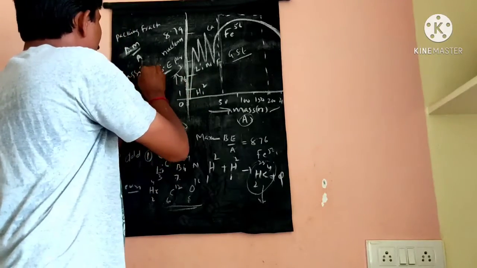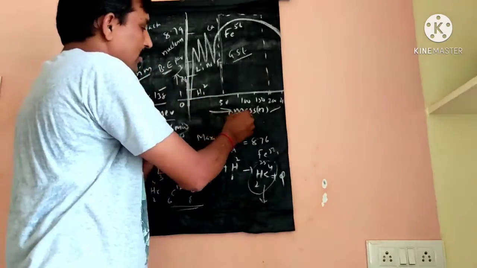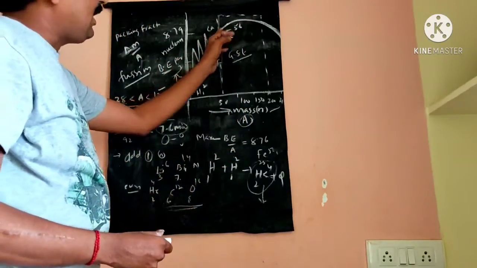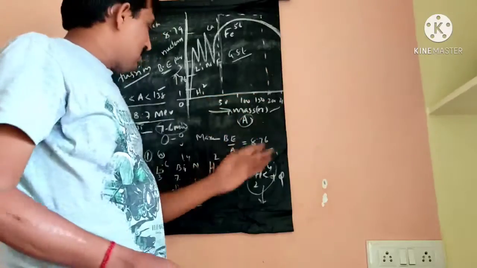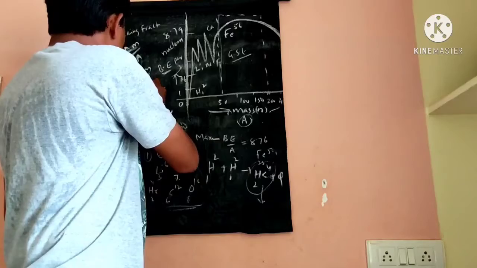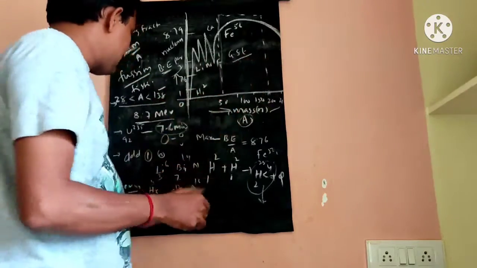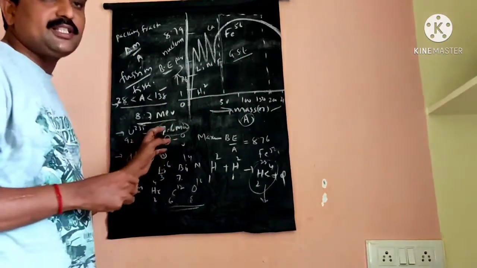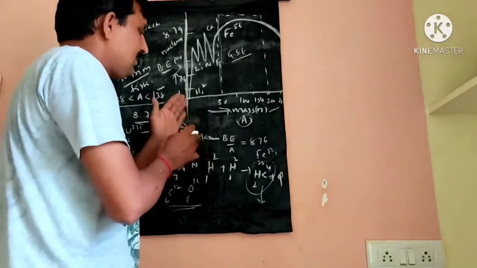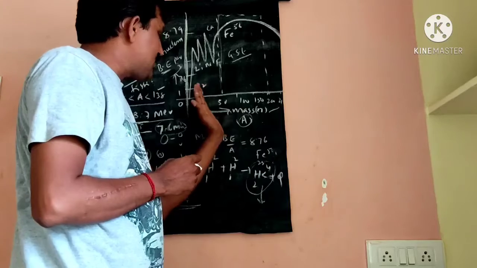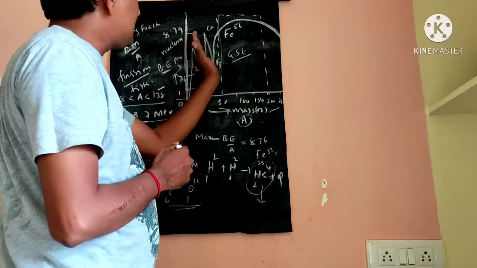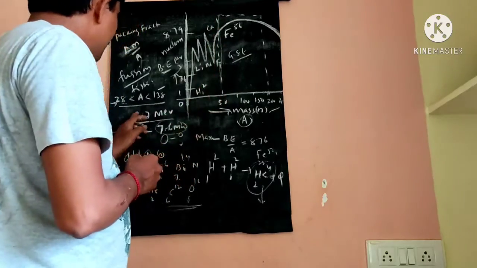So due to nuclear fusion, the binding energy of small atomic number elements increases, and heavy nuclei split into small nuclei due to nuclear fission. So the binding energy decreases. Here the binding energy is 7.6 mega electron volts. So finally, what we conclude: as the mass number increases, initially the nuclear binding energy increases up to 28.